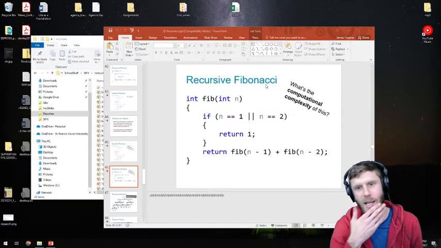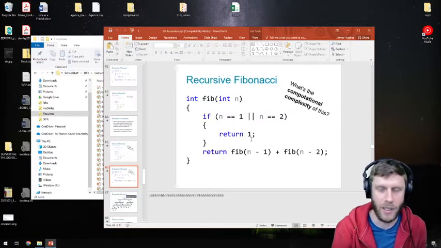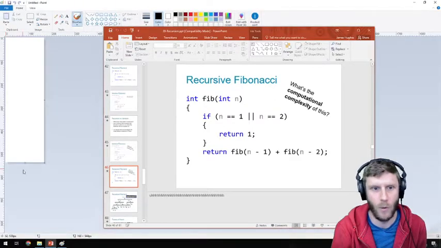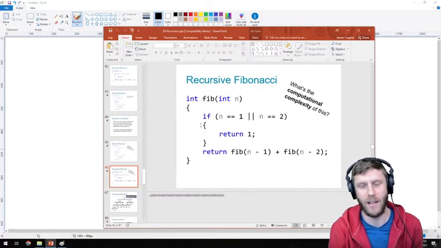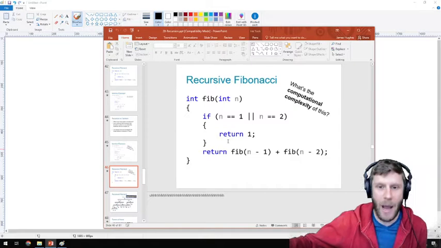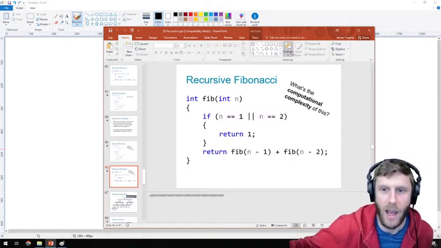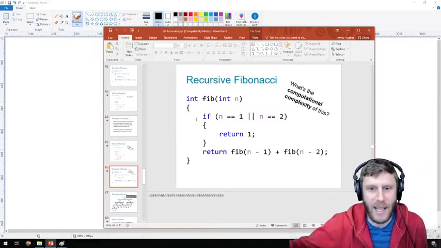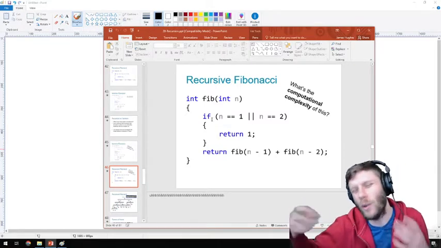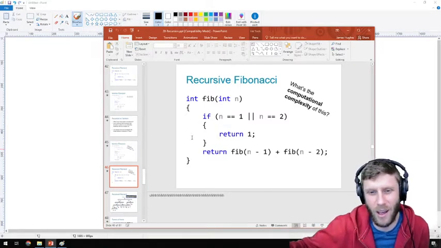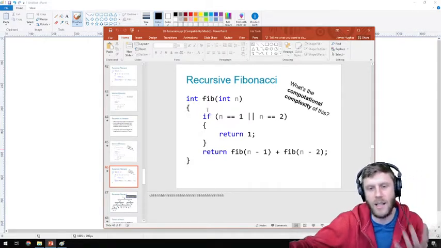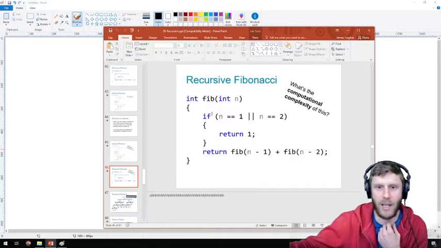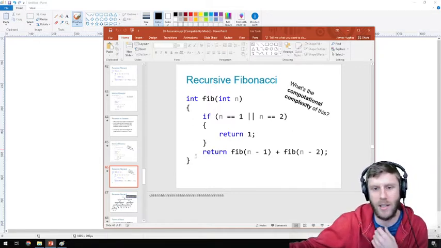So when we look at this code here, I'm just going to make this bigger. We clearly see that the amount of work being done in here is order 1. There's nothing extra taking place here. For every function call, it's a constant amount of work, because this is constant time, return 1, constant time, return.